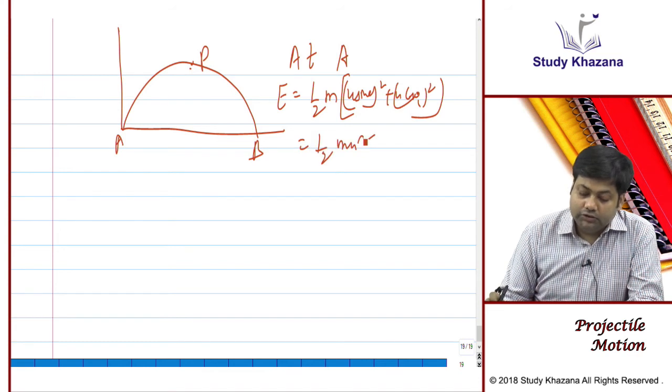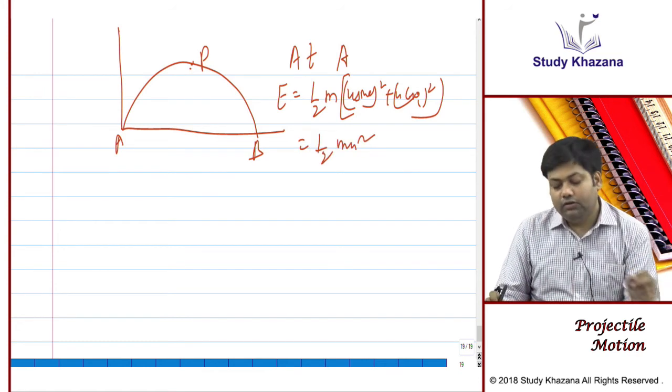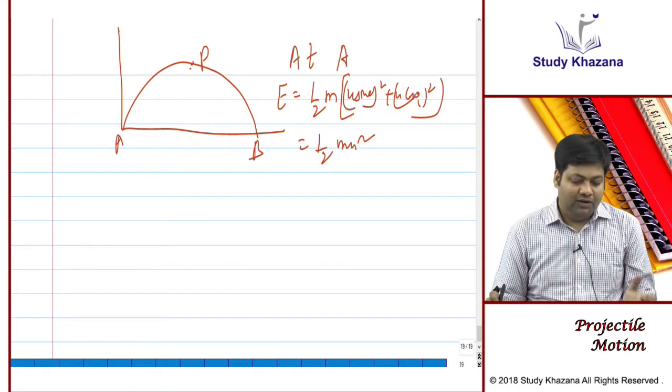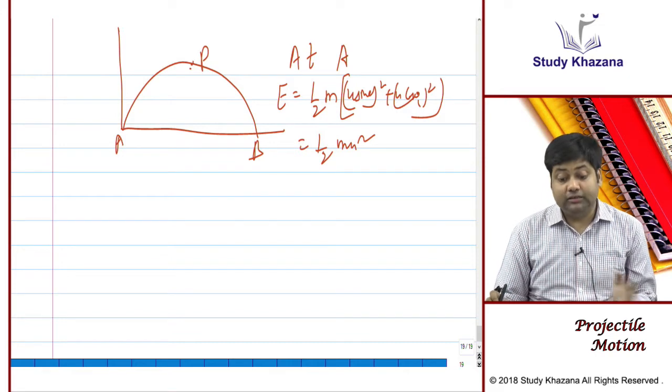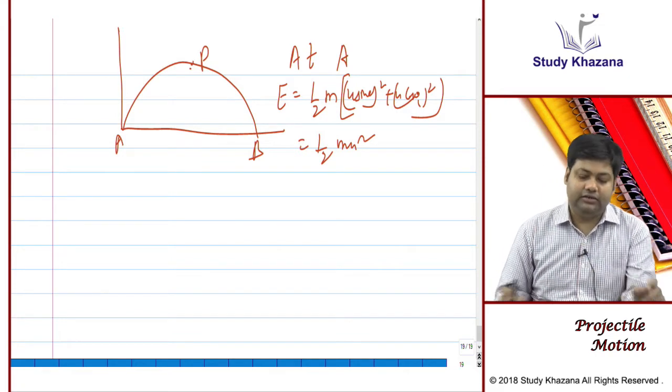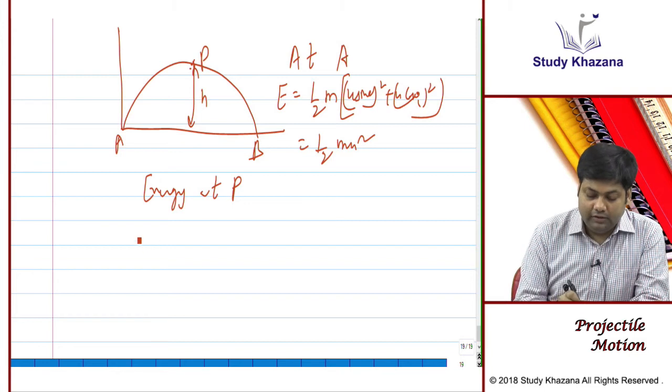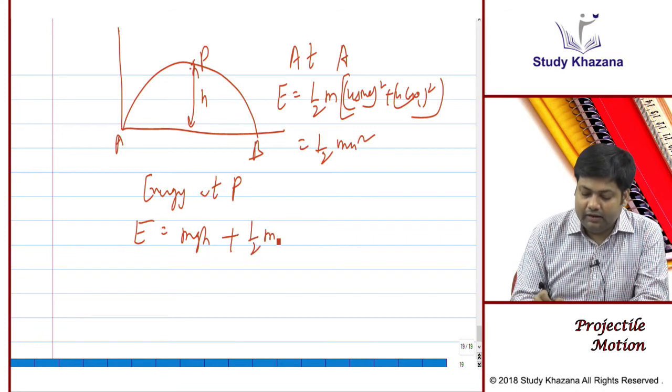Now if you look at the point P at this stage, the body does not have vertical velocity, but the body has potential energy. So energy at P, if you calculate, the body has total energy as mgh plus half m u square cos square theta.